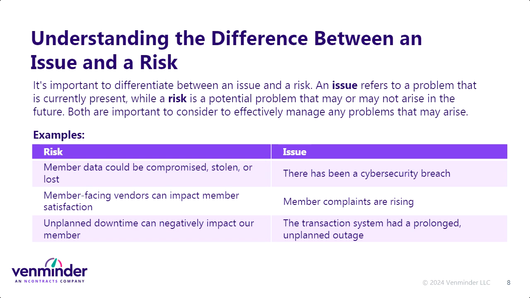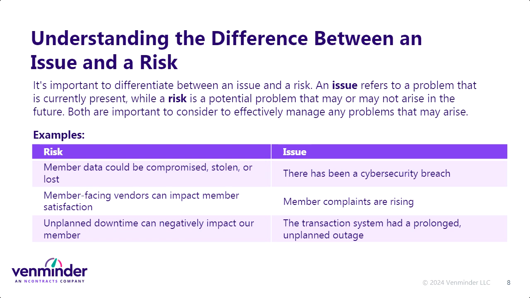An issue, on the other hand, is you have member complaints that are rising on a specific vendor, indicating an issue. And lastly, another example of a risk is unplanned downtime that can negatively impact your members. Whereas when the system has a prolonged or unplanned outage, that is an actual issue.